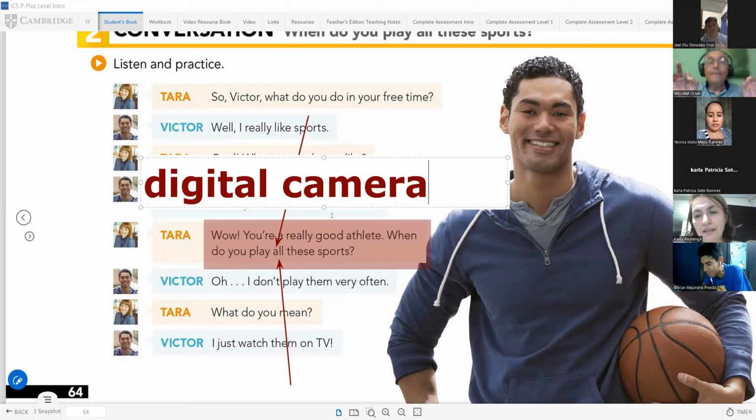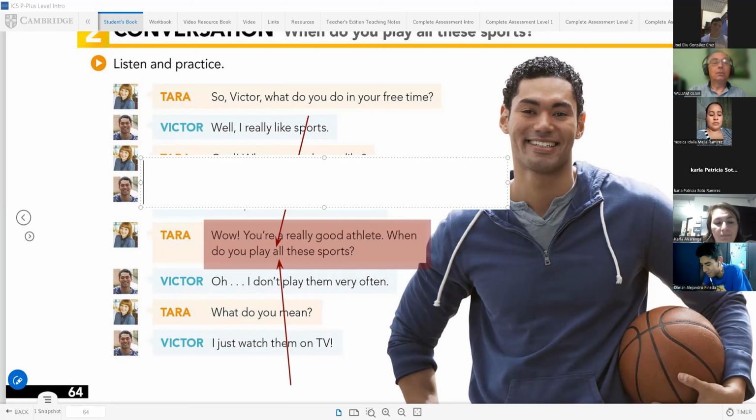Toda A antes de L se convierte en O. O sea, digital. Correct. Digital camera. Yes. Very good. Digital. Read, please, Carla. La última, the last one.